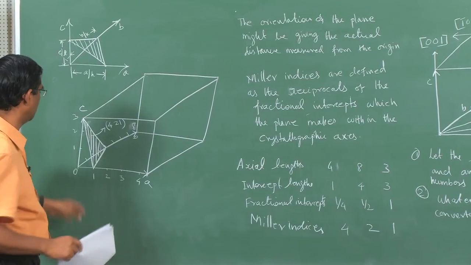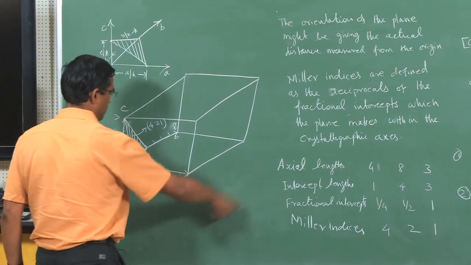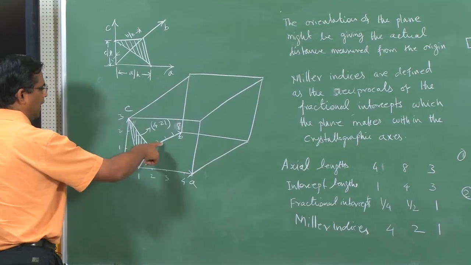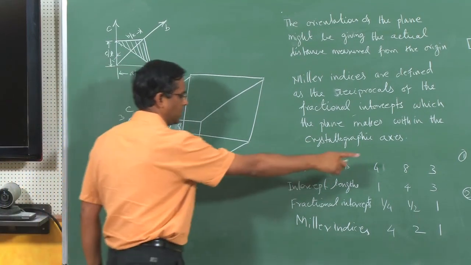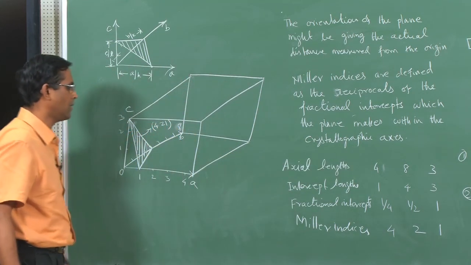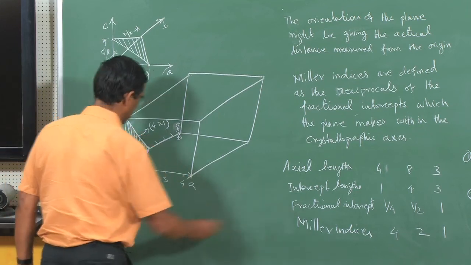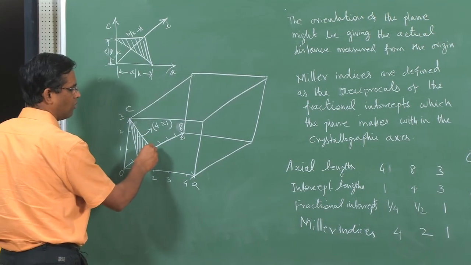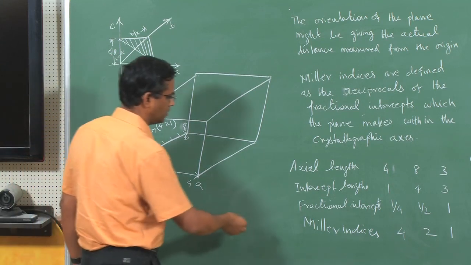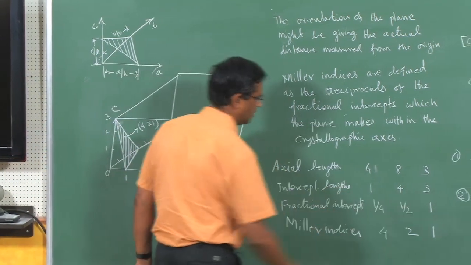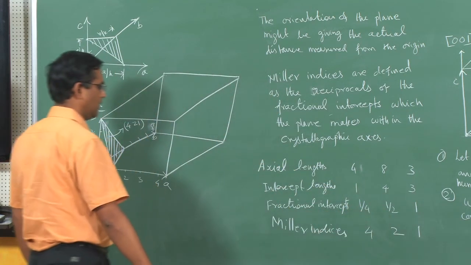If you look at this diagram, the axial lengths are 4, 8 and 3 in units, any units here. I have not put any particular units. So, the intercept length is 1, 4 and then 3. So, fractions of this is 1 by 4, 1 by 2 and 1.